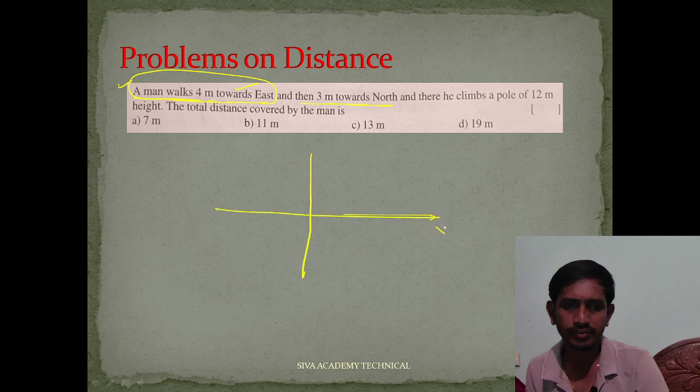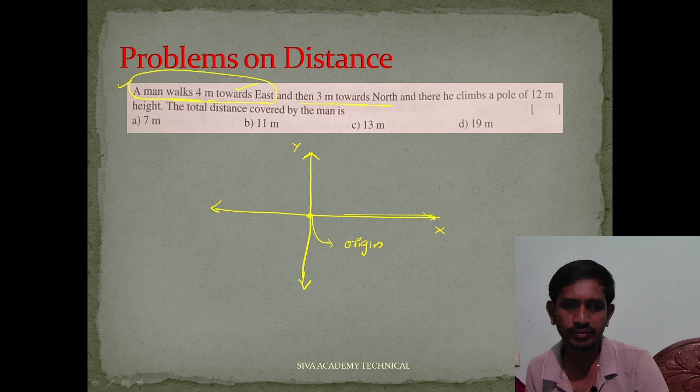This is a Cartesian coordinate system. The use of this Cartesian coordinate system is to locate a point. The point where the two axes intersect is called the origin. Always we assume that the body starts from the origin.